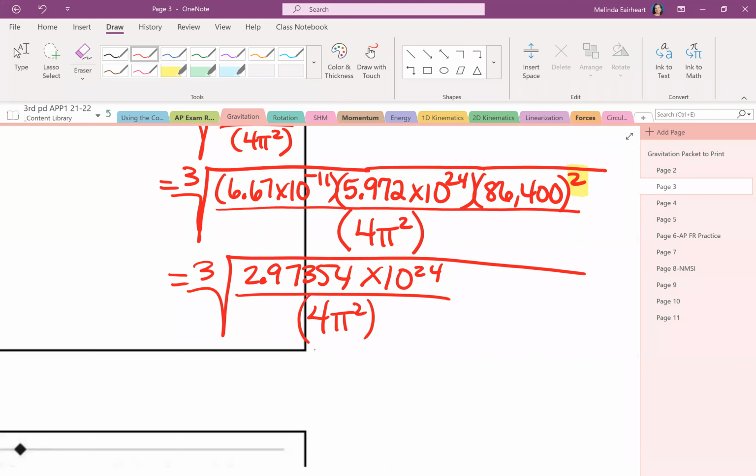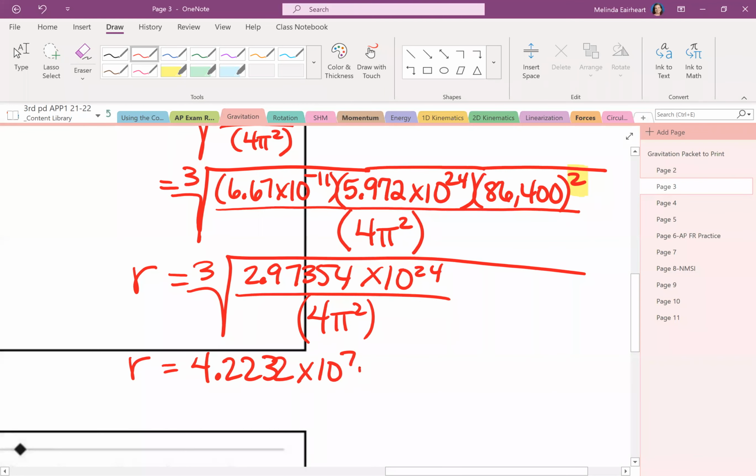And then I'll do cube root and answer. So I get, and y'all, this is r. This is not our final answer. Bear with me, y'all. I think that's 7. That's the center to center distance.